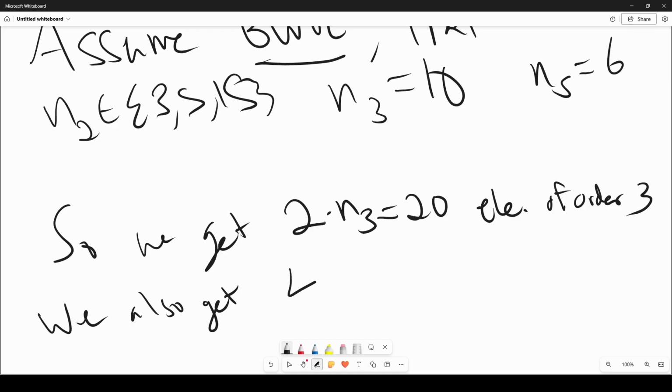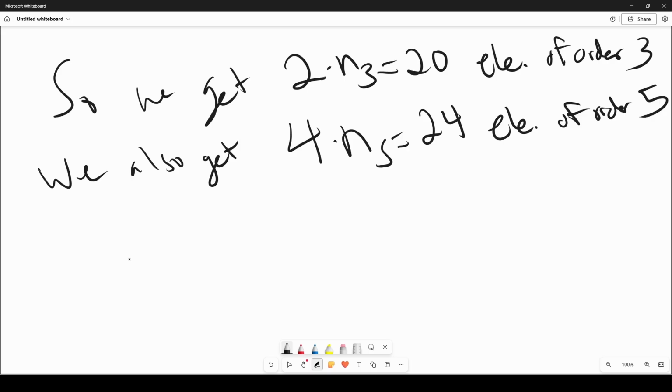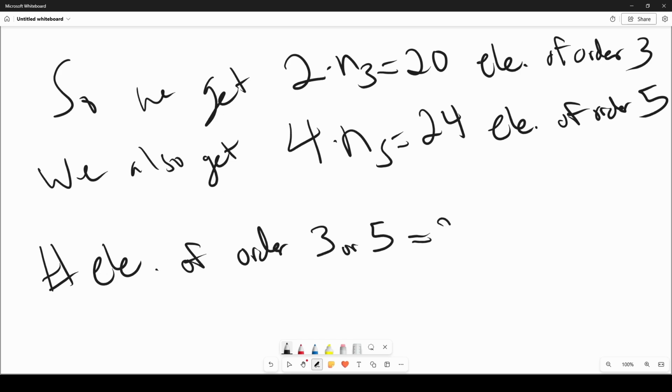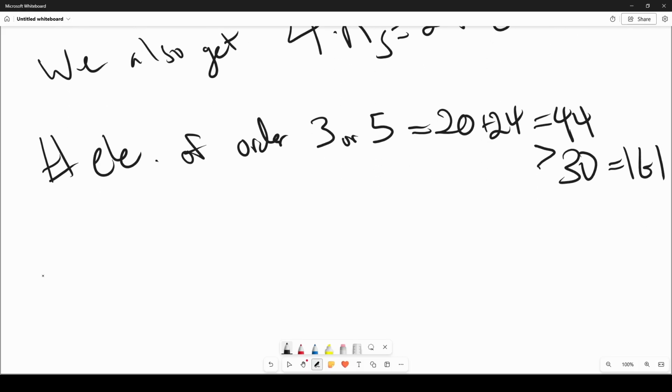So we get 4 times n5 equals 24 elements of order 5. Using this together, we find that the number of elements of order 3 or 5 equals 20 plus 24, which is going to equal 44. But 44 is a lot greater than 30, which is the size of our group. This means that this leads to a contradiction.